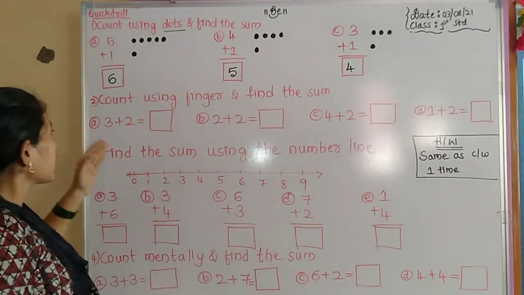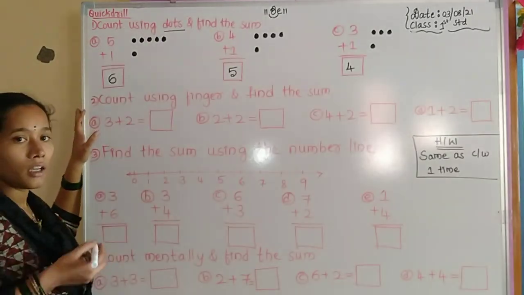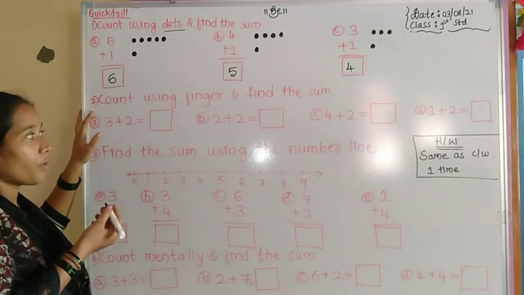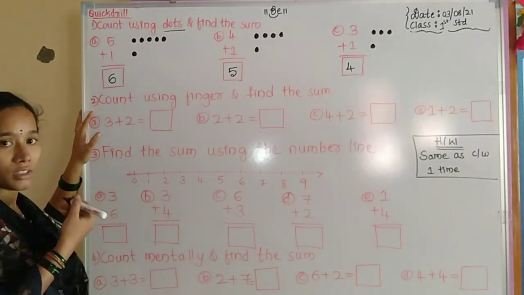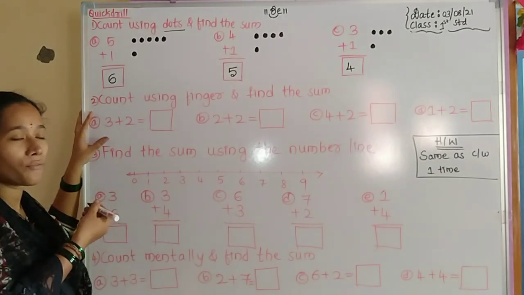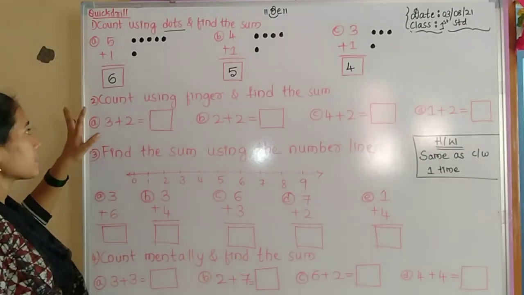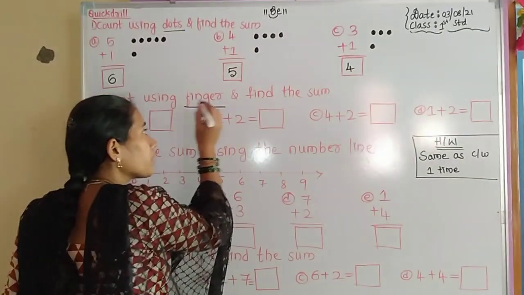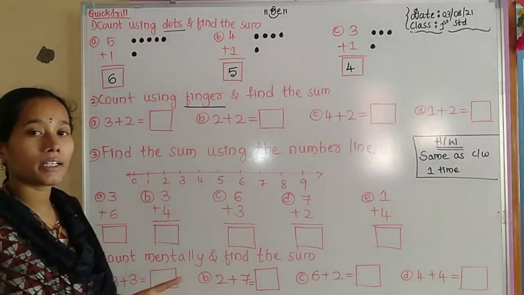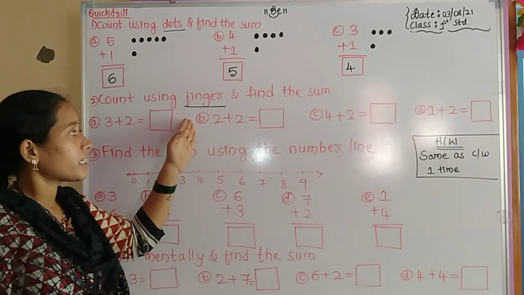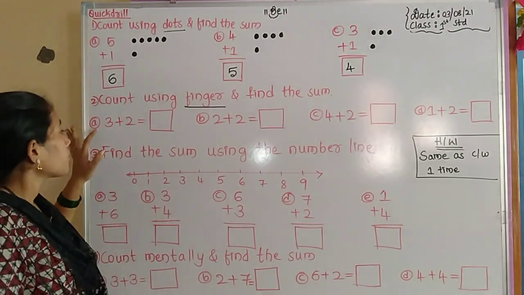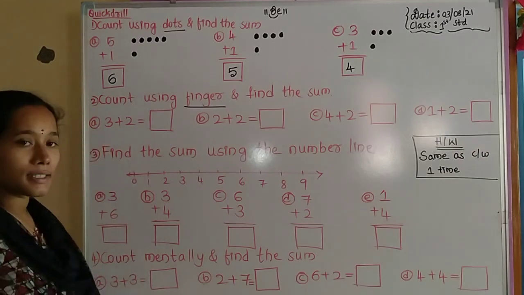Okay. And the second one is count. See here, read the headline. Which method do we apply to find the sum for the given addition sentence? See, count using fingers and find the sum. Here it is using fingers, the first method. Here we have to find the sum using the fingers. 8th one, 3 plus 2. 3 is the first addend.